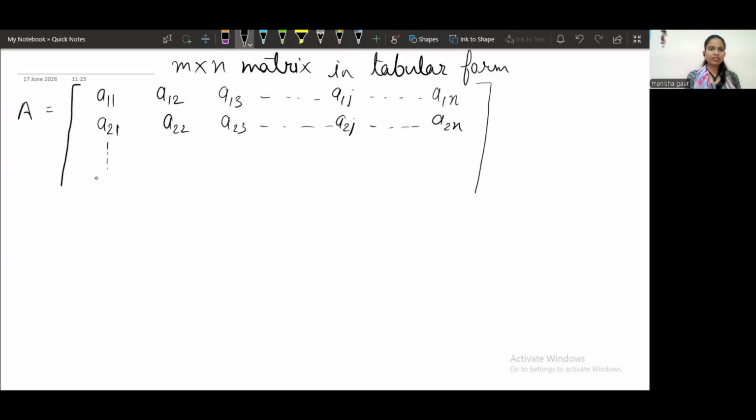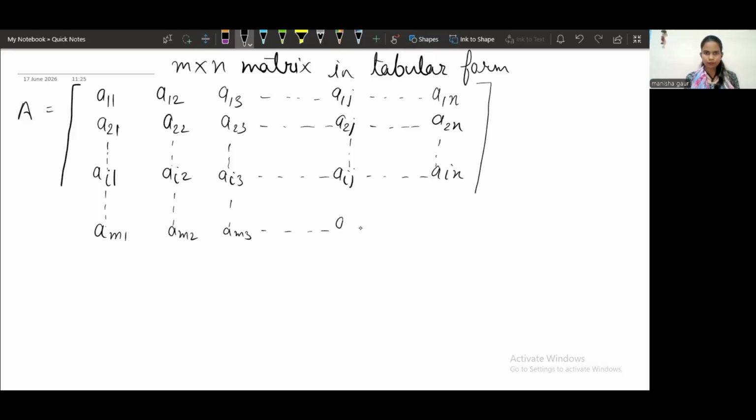Okay. Now assume a middle row. Suppose it is i. So how will we write it? ai1, ai2, ai3, aij. The middle element would be aij. Here is ain. If we talk about last row, am1, am2, am3, amj, or amn.